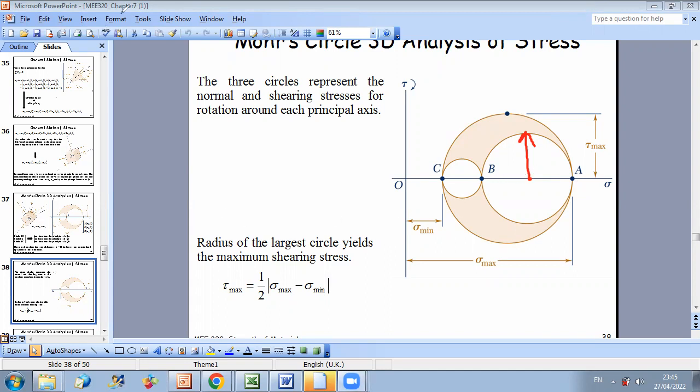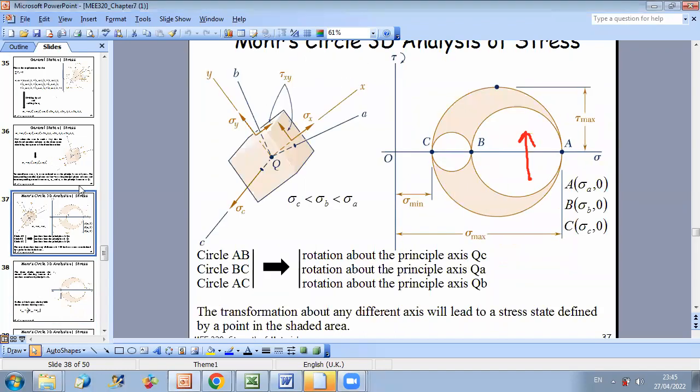So if you look again at this figure, Q is the origin and C is the name of the axis. So line QC is the axis perpendicular to AB.